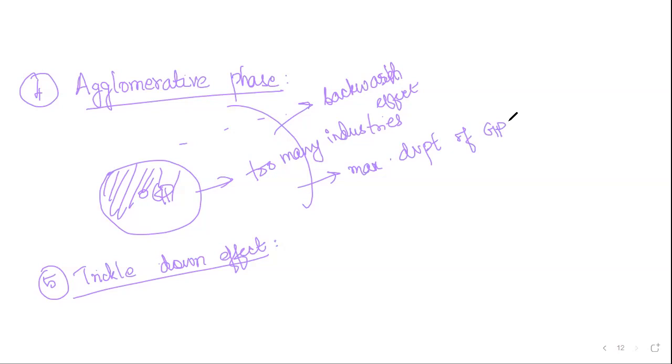of growth pole development. And here something is suggested by Gunnar Myrdal. Again, remember, it is suggested by Gunnar Myrdal that spread out effect, the opposite of backwash effect, will happen in the trickle down phase of the growth pole development.